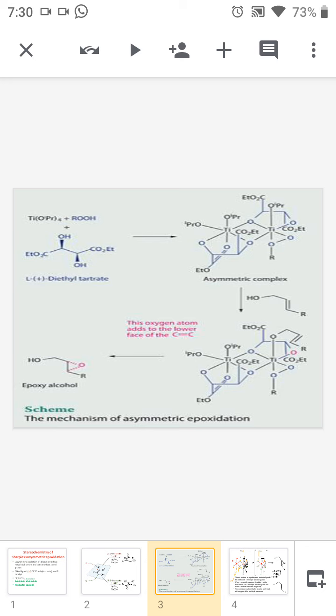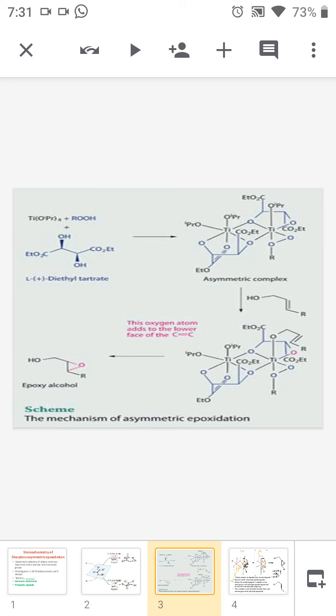Then see here, this is a dimer, and here in the dimer we know that the titanium always forms an octahedral complex. So in the octahedral complex, two of the positions are occupied by the isopropoxide, and the remaining 4 positions are compensated by the diethyl tartrate.